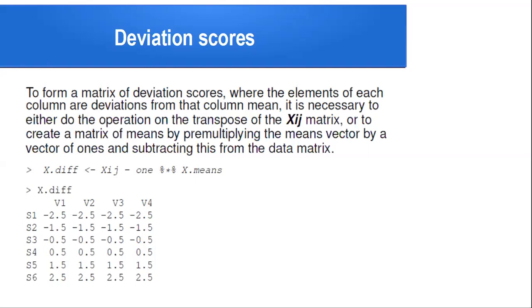Before we discuss the column mean, it is necessary to either do the operation on the transpose of the xyz matrix or to create a matrix of means by pre-multiplying the means vector by a vector of ones and subtracting this from the data matrix. তাহলে mean কমান্ডটা কি হবে, x diff কমান্ড দিয়ে আমি করব x means x diff.